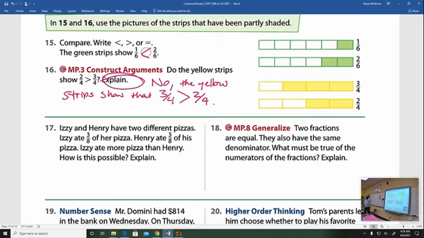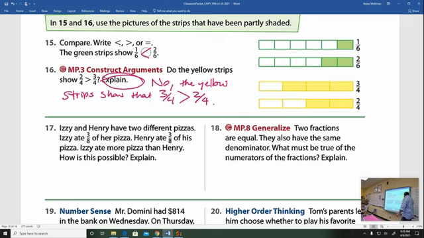Is that what everybody has? I hope so, because they were trying to fool you on that one. Schmidt. 2/4 is not greater than 3/4 because 3 is bigger than 2. You can say that. But you can see it here as well, right?